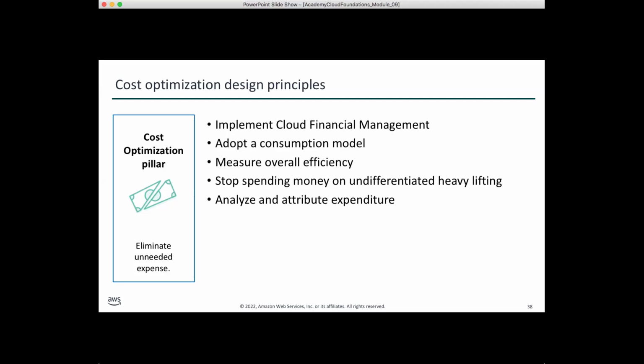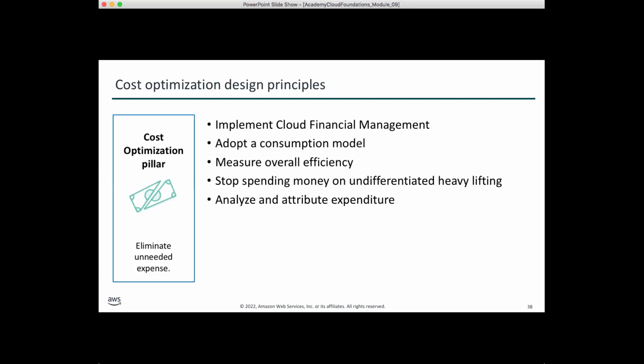We should look to measure overall efficiency, so measure the business output of the workload and the cost associated with delivering it, right? Now, we can use this measure to know the gains that we make from increasing output and reducing cost, right?